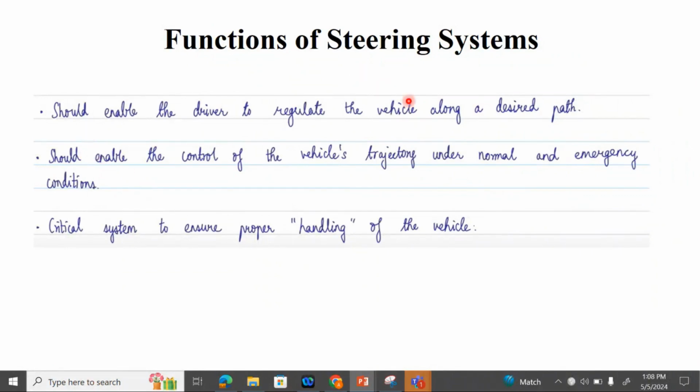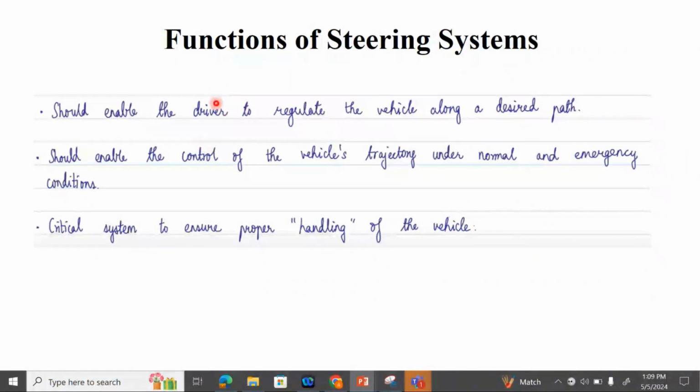Normally, the steering system will enable the driver to regulate the vehicle along the desired path, right? Whether the vehicle wants to go in a straight path, or in a left direction or a right direction, or along the trajectory, along the required direction which is expected by the rider or driver.